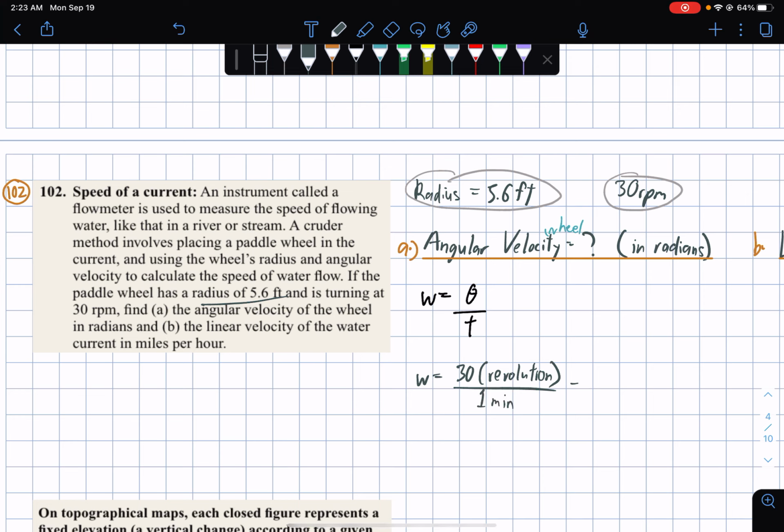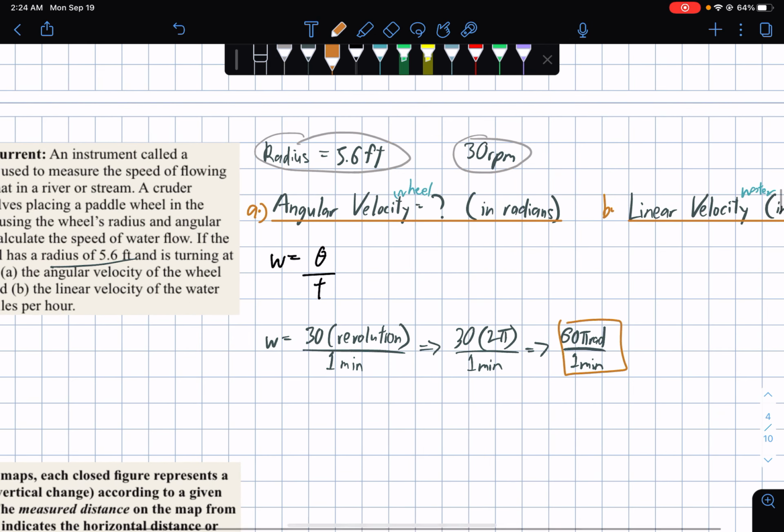One revolution is 2 pi, in other words, 60 pi rad over 1 minute. This is the angular velocity. Okay, let's move on to letter B.